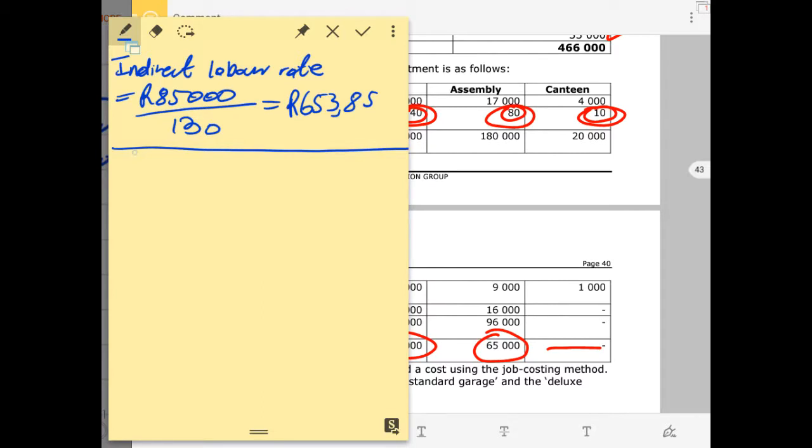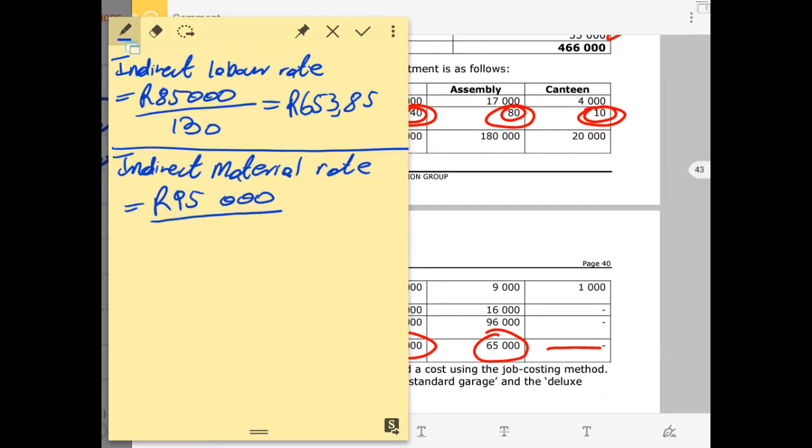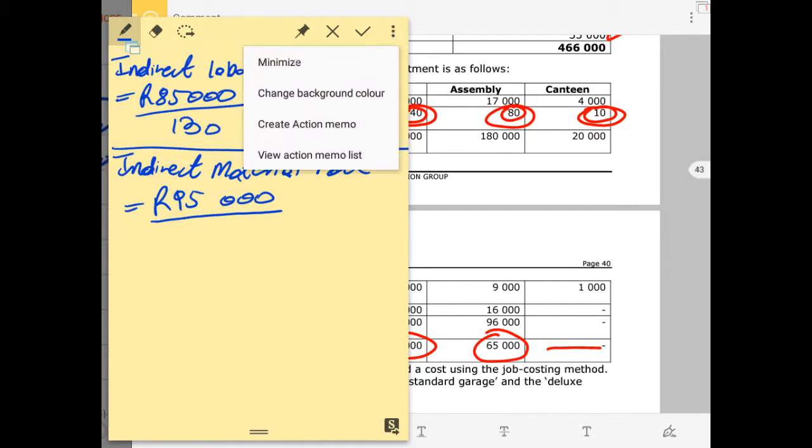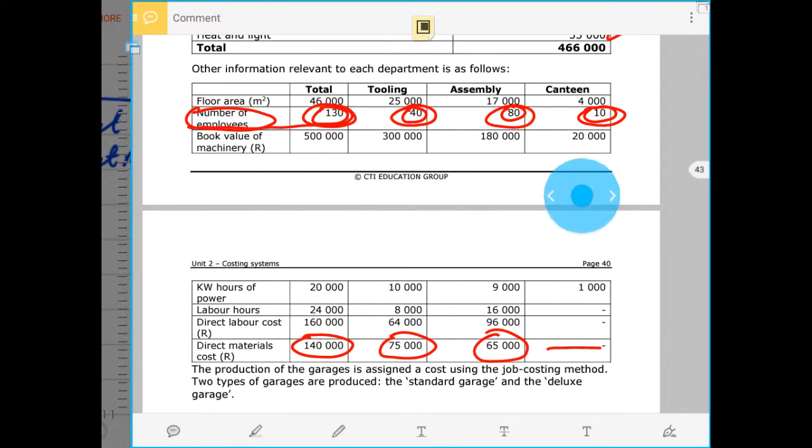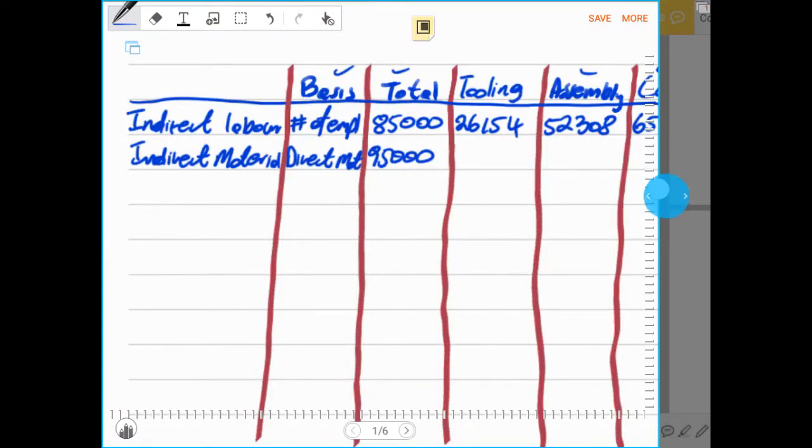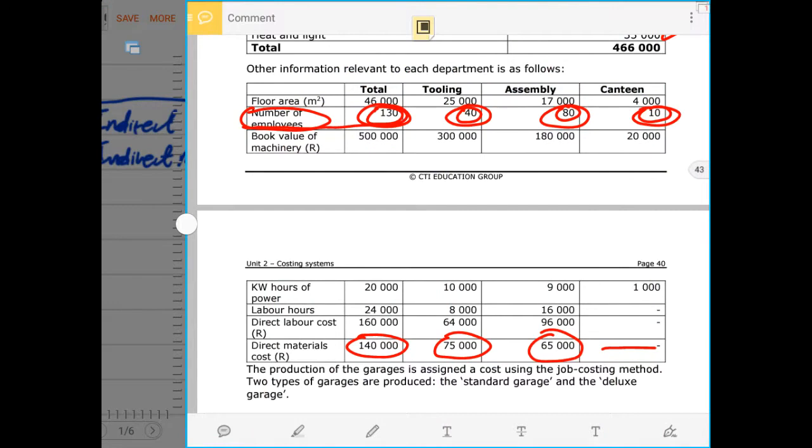of the indirect material, where we have to have the indirect material rate. Our indirect material rate or overhead rate is equal to budgeted overhead, and the budgeted overhead of material is 95,000 rands divided by the base, and the base we said will be material cost. The material cost that we have in total is 140,000.